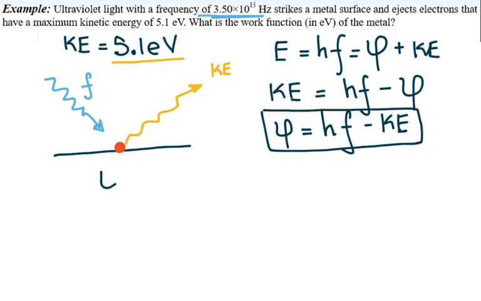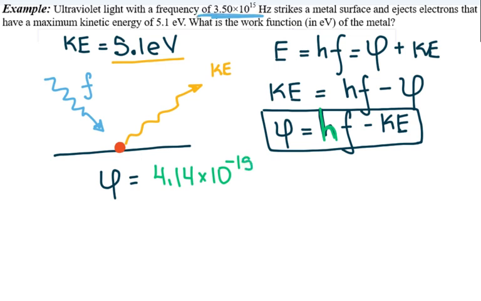So the work function is equal to h. My energy is given in electron volts, so I have to use Planck's constant in electron volts as well. I could convert all of them into joules, but I don't want to. I'm just going to plug in my Planck's constant in electron volts. So instead of h, I have 4.14 times 10 to the negative 15.